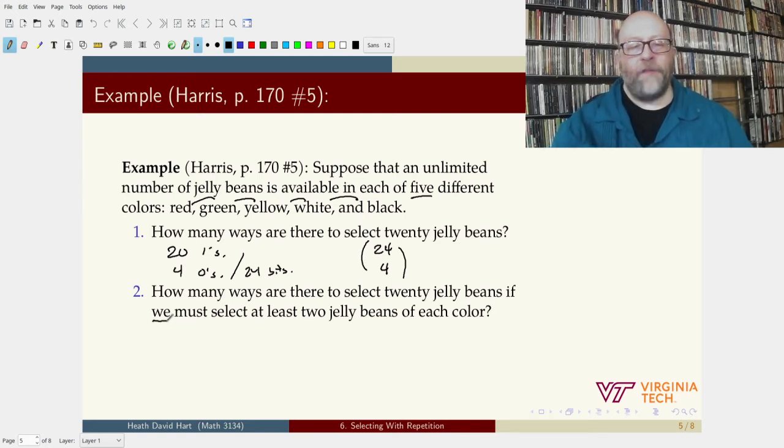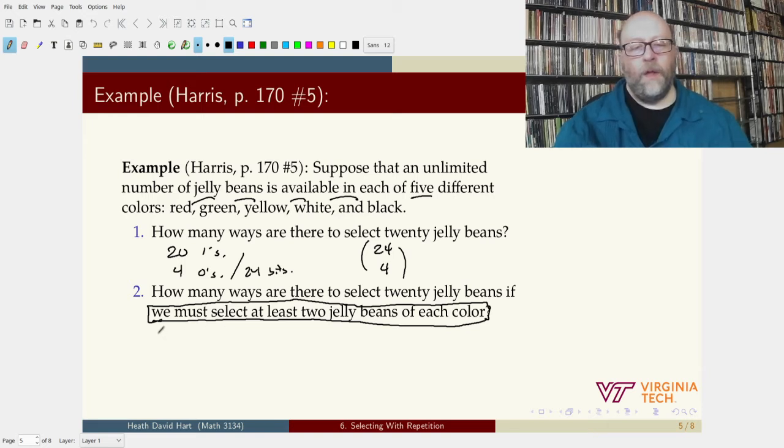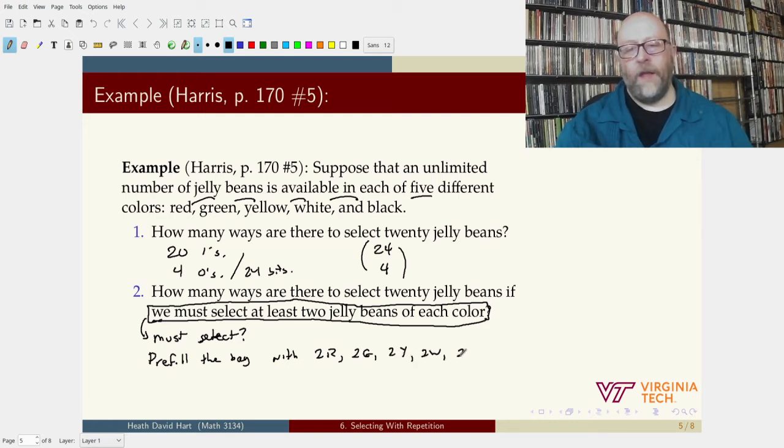But what if we have to select at least 2 jelly beans of each color? How does that complicate the problem? So in this case, if there is a must-select condition, we will pre-fill the bags with that requirement, with 2 reds, 2 greens, 2 yellows, 2 whites, and 2 blacks.